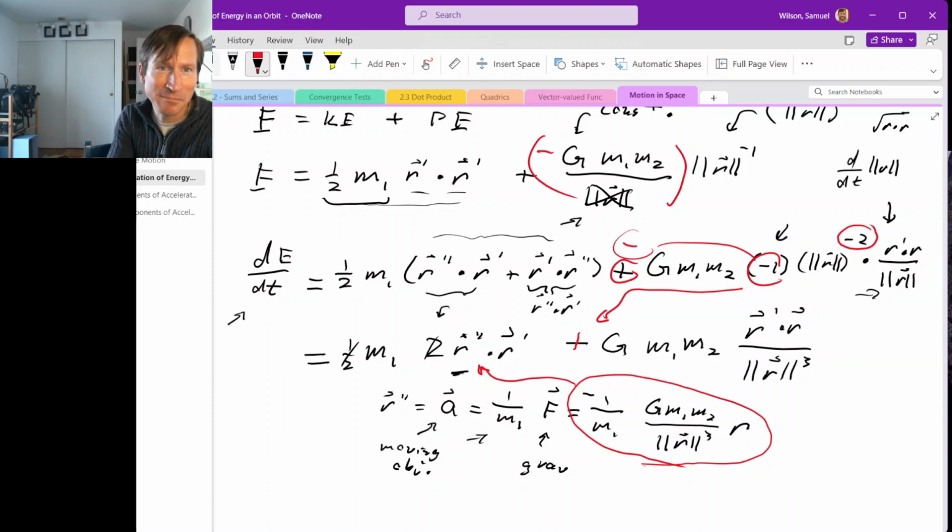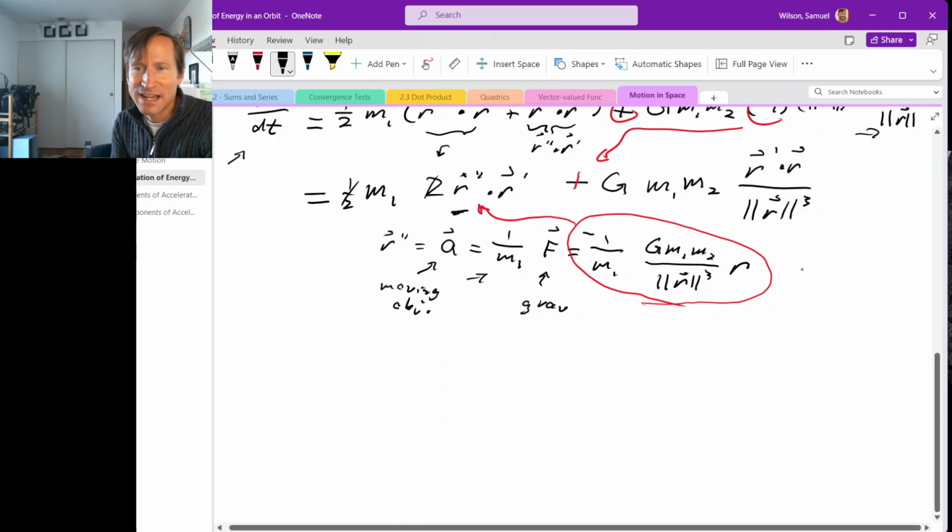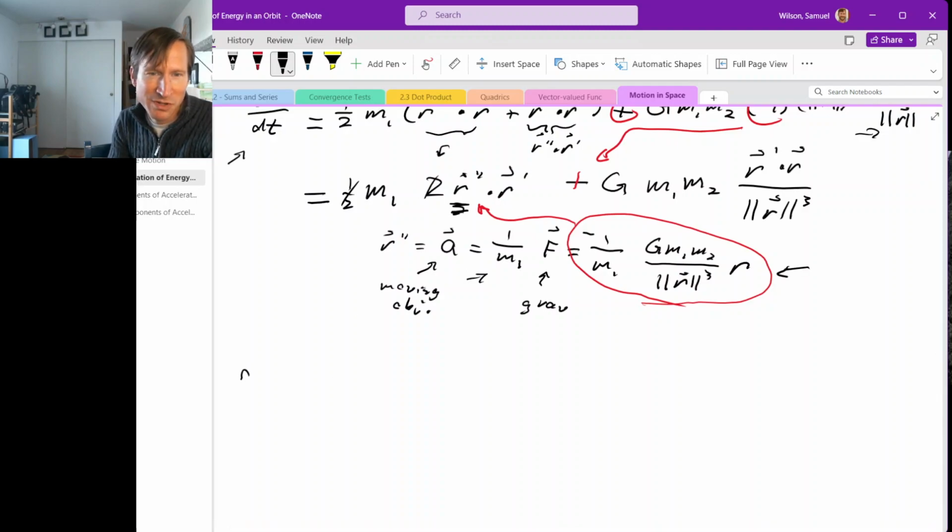Okay, sorry about that. Okay, so with that fixed, let's go ahead and take our expression for the acceleration and put it in here for r double prime. Remember, this whole thing that we're calculating is the rate of change of the energy, the total energy of the object that's moving around. So we have m1 times, so again, I shouldn't write a dot because this isn't a dot product.